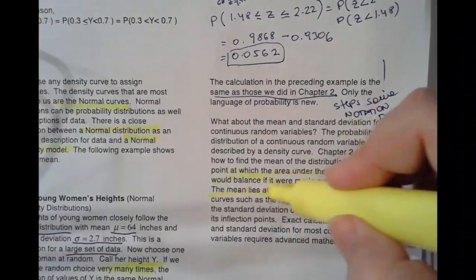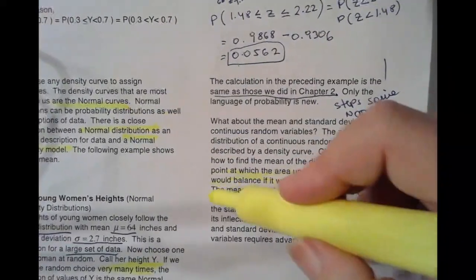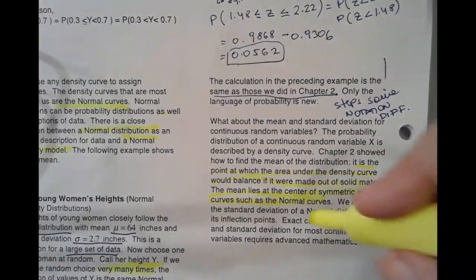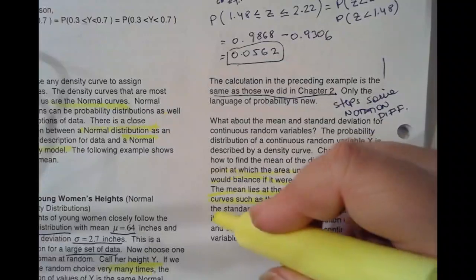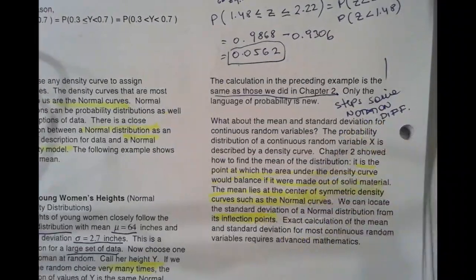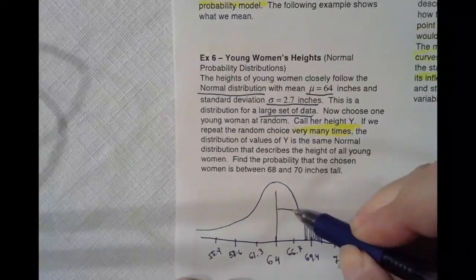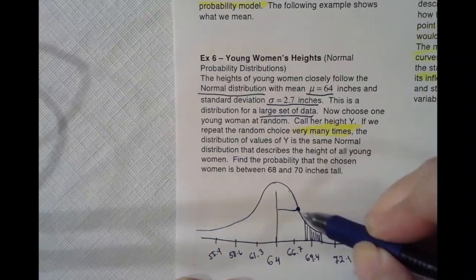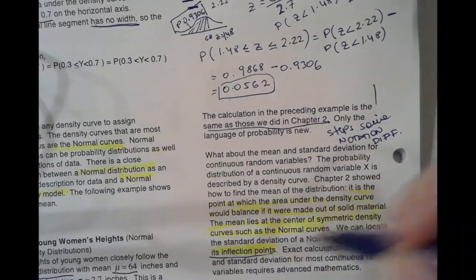The mean lies at the center of symmetric density curves such as normal curves. We can locate the standard deviation of a normal distribution from the inflection points. Remember, the inflection point was exactly where it would start slanting. So you need to know that.